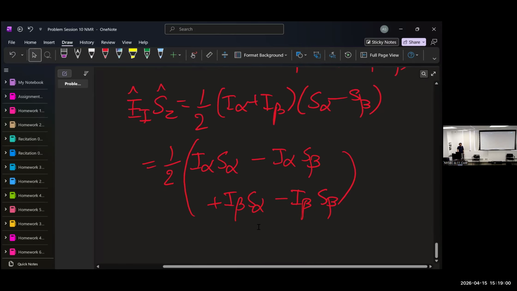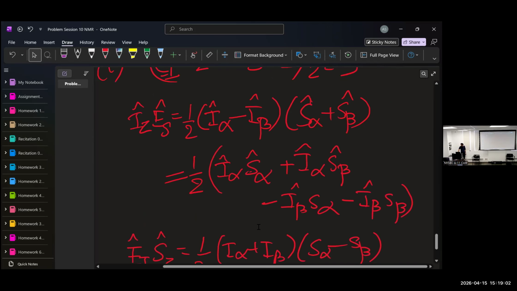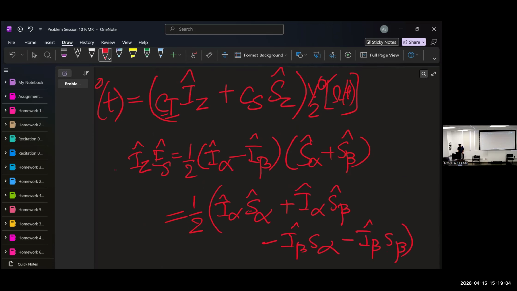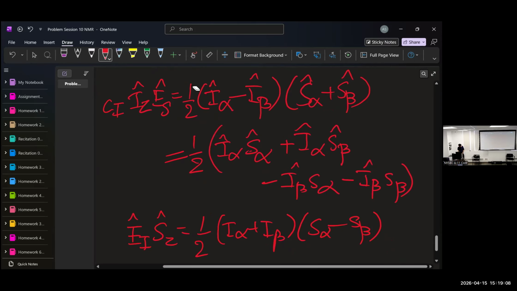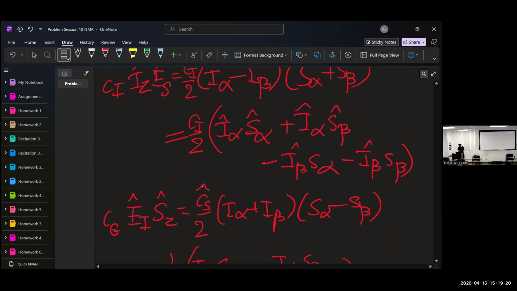What do I get when I plug this in? Right, so I have Ci sitting over here. Ci, remember, is a fluctuation in the I spin chemical shift, and this is a fluctuation in the S spin, it is not an operator.